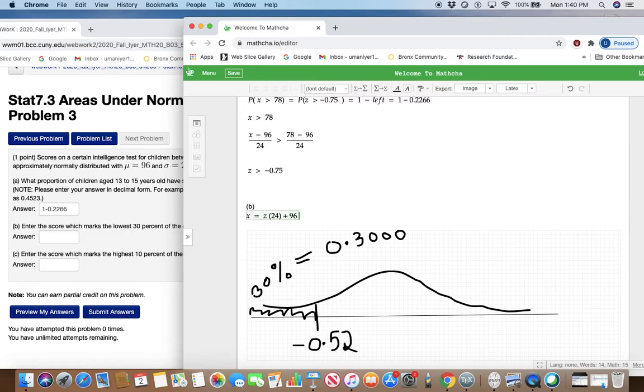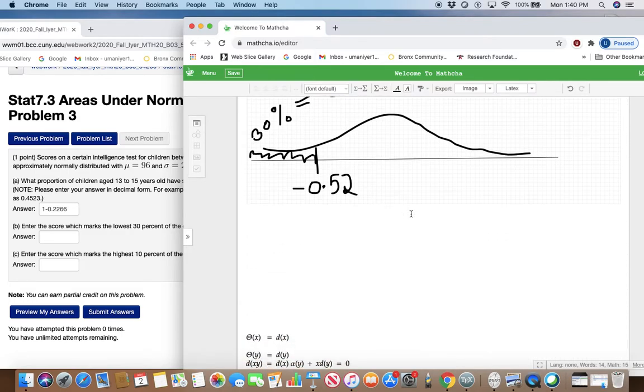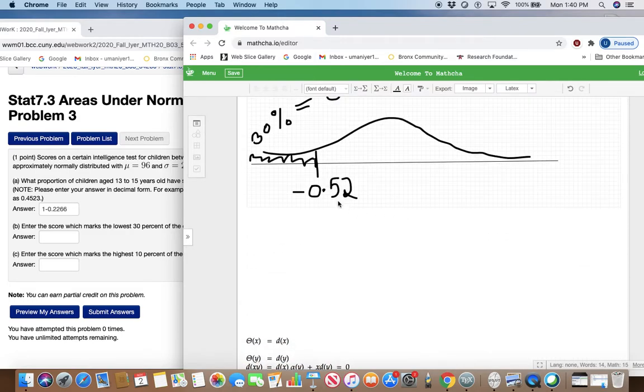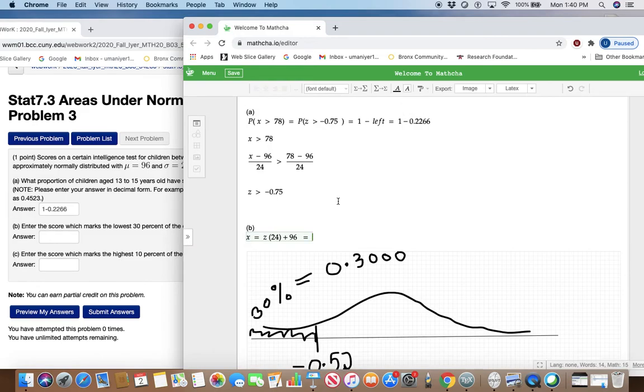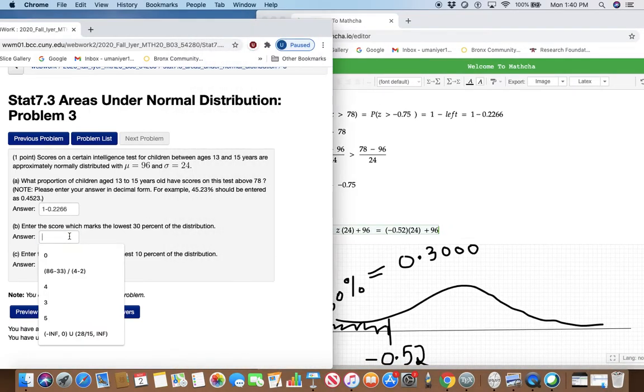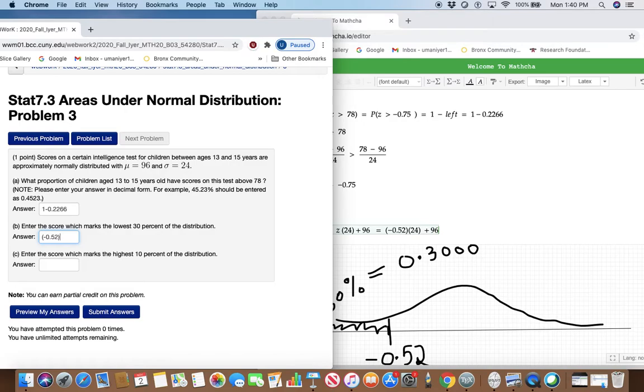So in our case, the Z score is negative 0.52. Multiply by 24, add 96. So that's what we are going to do here: take negative 0.52, multiply by 24, and then add 96.